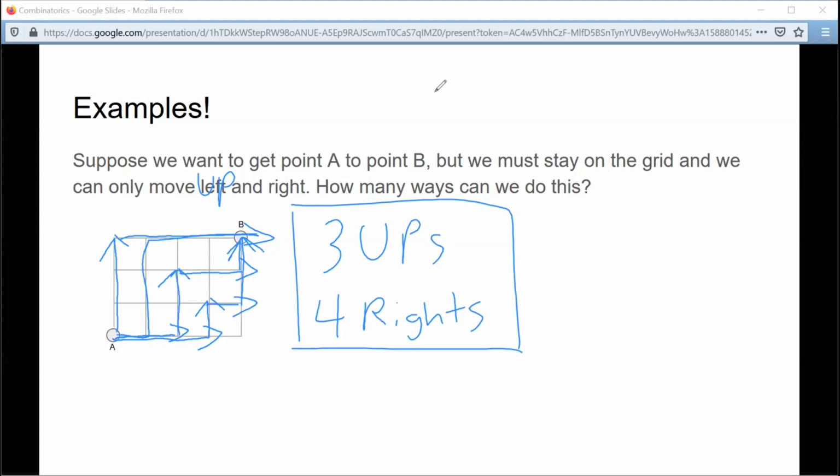So basically, we've turned this question from getting A to B into arranging 3 U's and 4 R's in a sequence. Does everybody understand that?